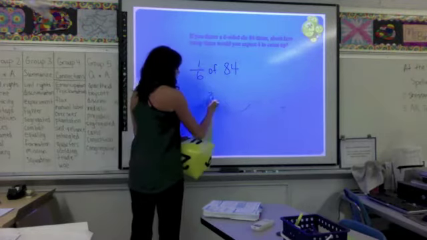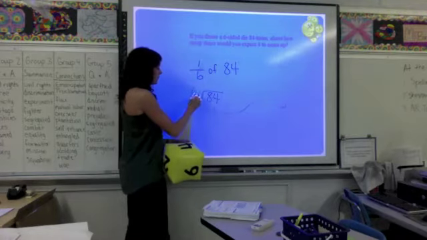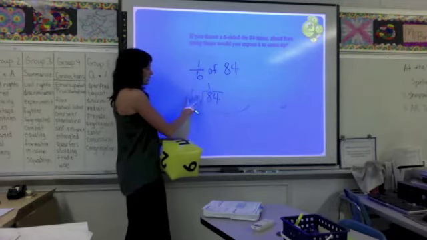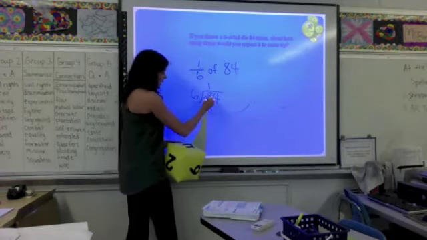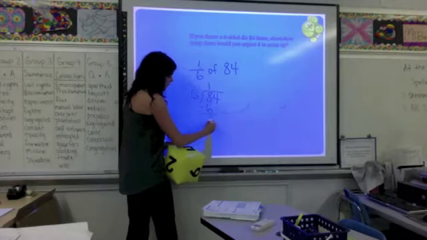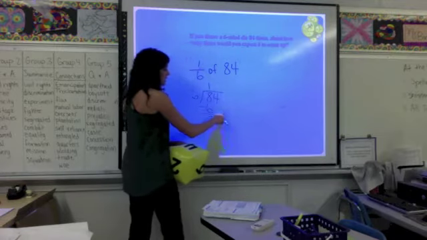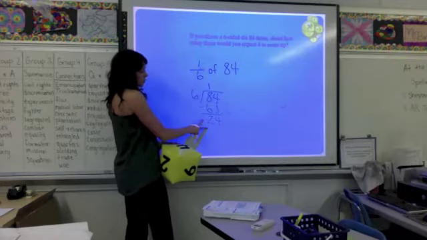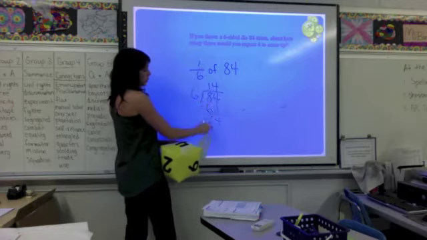So I would take 84, take my whole, and I divide it by my denominator. I know that 6 will go into 8 one time. 6 times 1 is 6, so I write that below and subtract. 8 minus 6 is 2. 6 won't go into 2, but I still have another digit up here, so my next step is to bring down the 4, and I know that 6 will go into 24 4 times. 6 times 4 is 24.